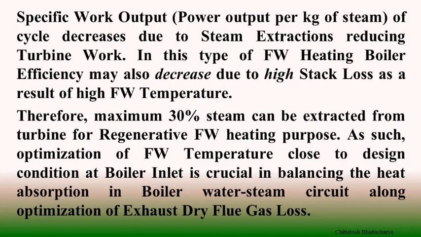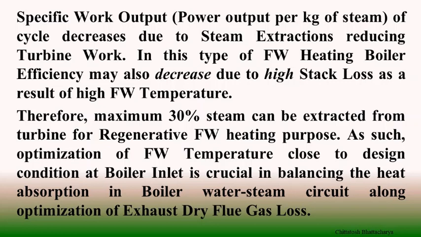As such, the specific work output of steam in the cycle decreases with the extraction, reducing the turbine work. In this type of feed water heating, boiler efficiency may also decrease due to high stack loss as a result of high feed water temperature beyond the design inlet temperature of feed water within the boiler.